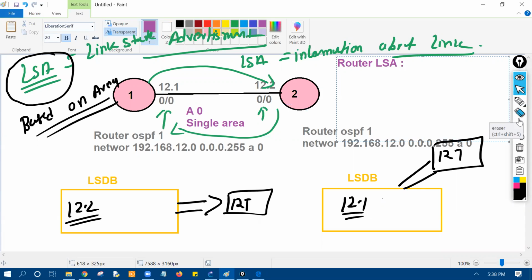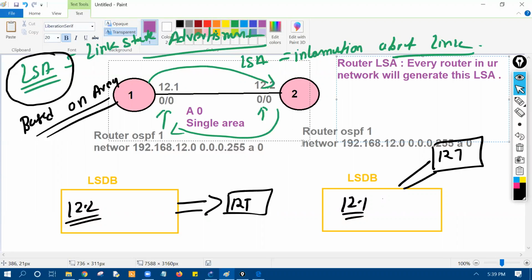As the name suggests, router means every router. Every router in your network is going to generate this LSA. Right now, how many routers are present in this area? There are 2 routers present in this area, or we can say in this broadcast domain.